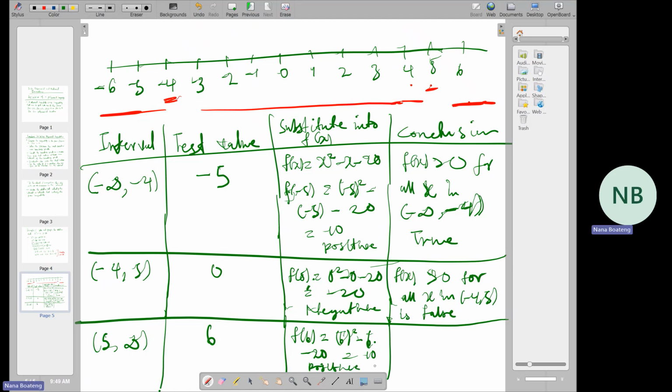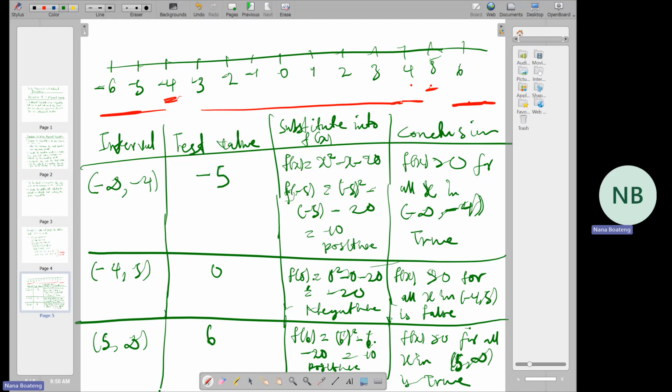So that means f of x is greater than 0 for all x in the interval 5 to infinity is true, because we picked a number like 6 and it gave us a positive number.